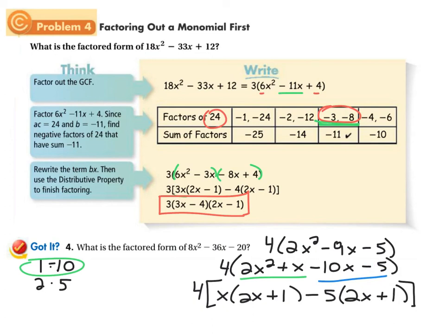And as we hoped, we got the same thing inside twice. Okay, so that's going to be one of the binomials. x minus 5 is going to be the other, and this 4 sitting out front. So we've got then 4 times 2x plus 1, what was inside for both of them, and what was pulled out for both of the other ones, x minus 5.